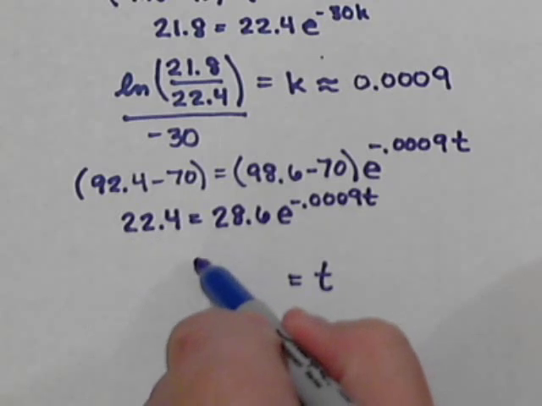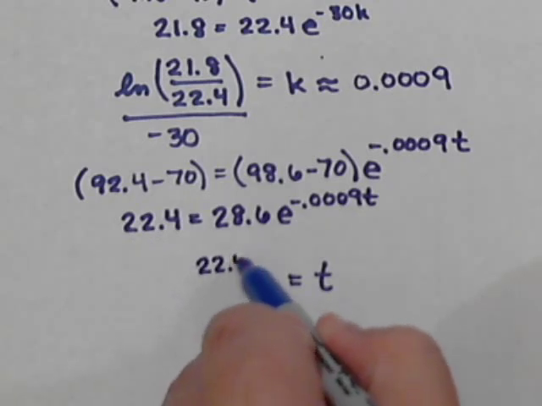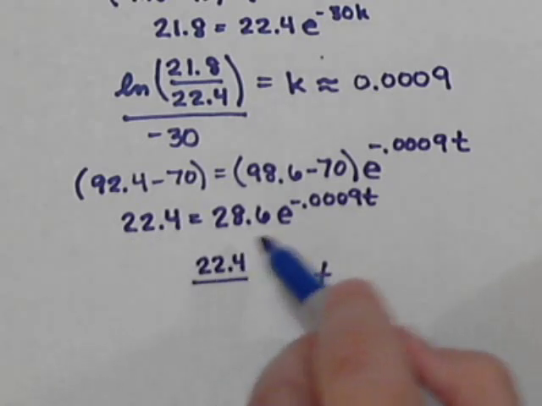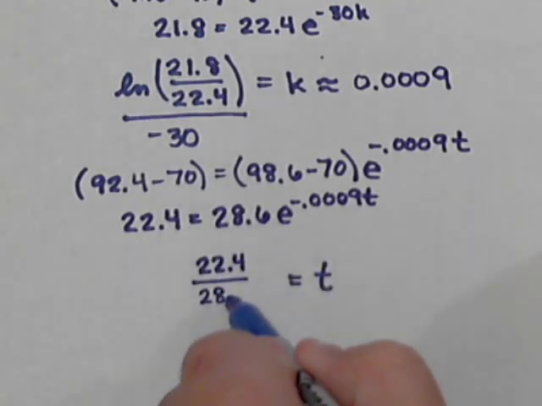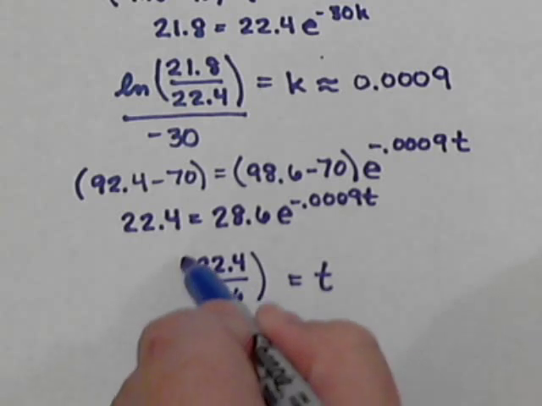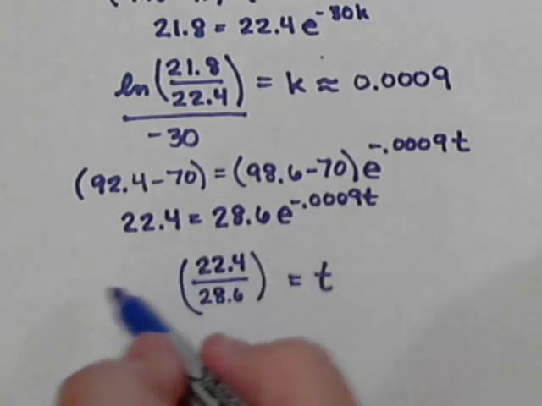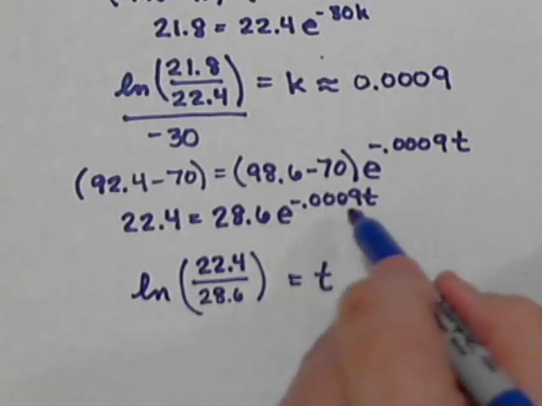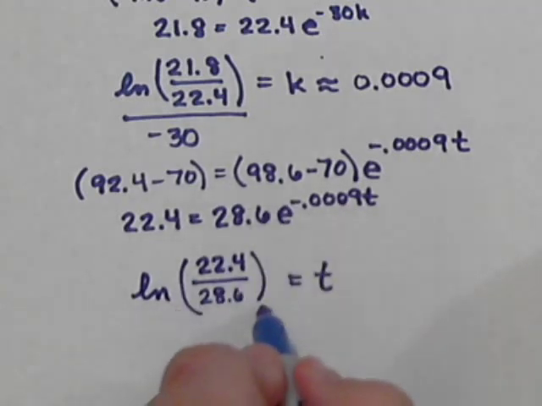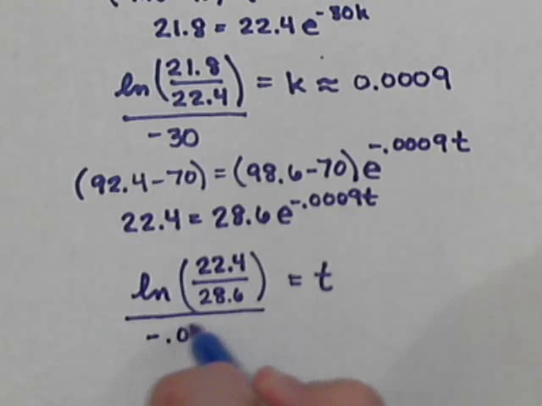Starting with the 22.4, first we divide by the 28.6. Then to cancel the e, we use the ln, the natural log. Then to get the t by itself, we divide by negative 0.0009.